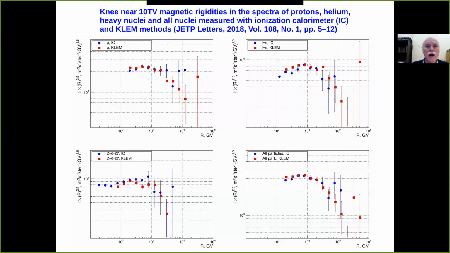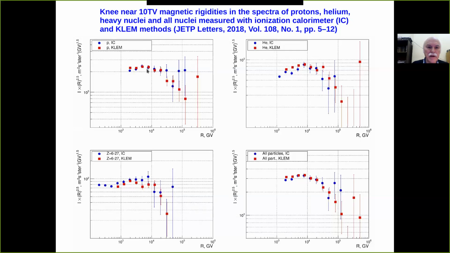And it was discovered in 2018 that all nuclei of cosmic rays, like protons, helium, and heavy nuclei, have the same feature in the spectra, like a knee, near a magnetic rigidity of about 10 TeV.